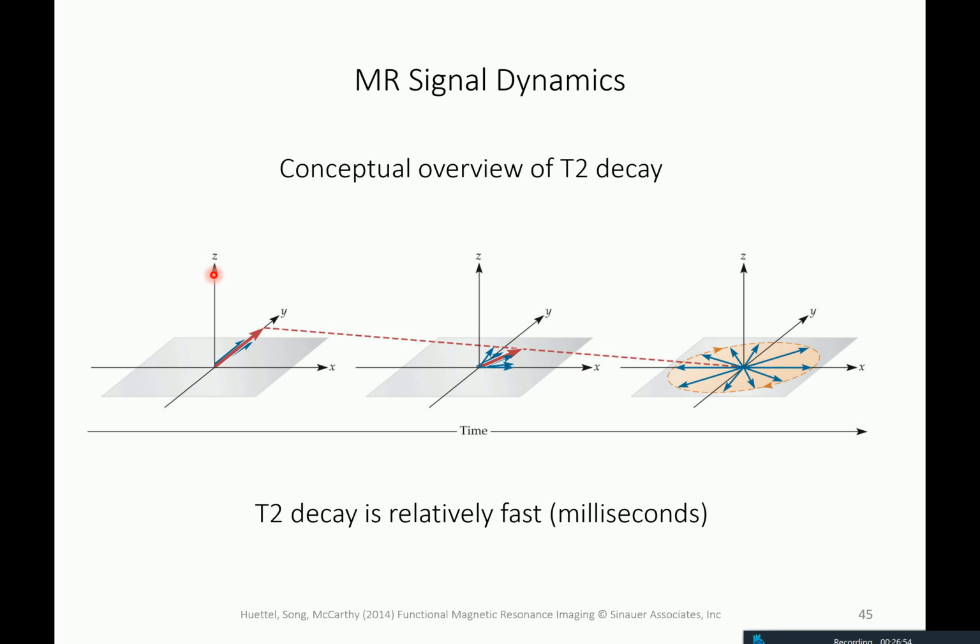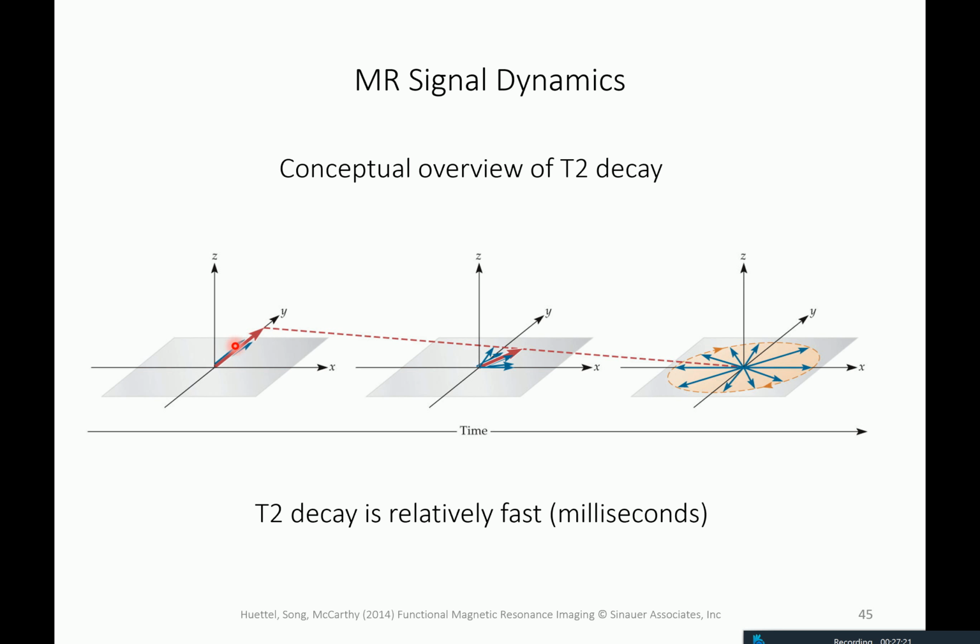So remember, at equilibrium, this vector m, this big reddish thing, I'm a little bit colorblind, not the little blue thing but this big thing, was pointing here before excitation. Now it gets tipped, and here it's tipped parallel to the y-axis.